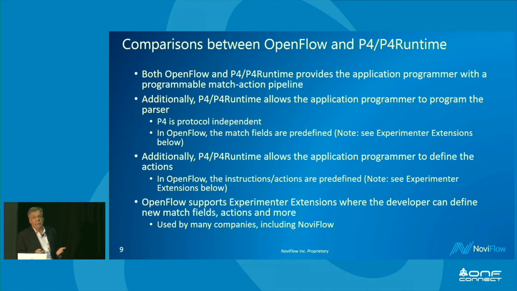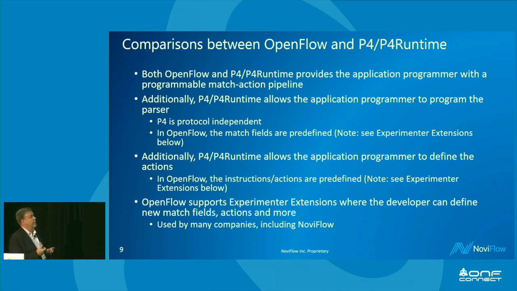So what's the big difference that we've seen between OpenFlow and P4 Runtime? Both of them give the application programmer this programmable match action pipeline. They can define their pipeline and then develop their application for that. But P4 Runtime additionally has two things.